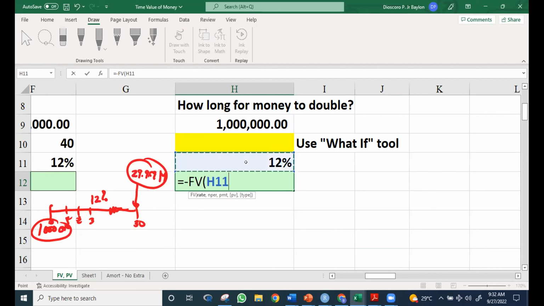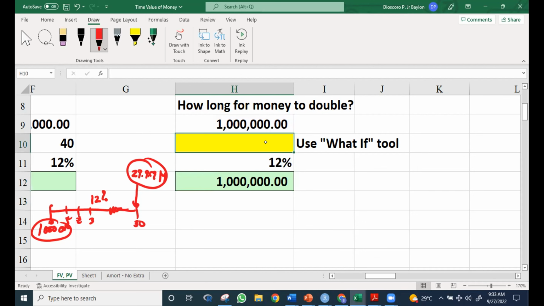Future value, rate at 12%, N per, let's leave it blank first. And then PMT, we don't know, not part of the question. And then PV is 1 million. So this was our usual FV function, right? And it gives us 1 million because our year here is 0. We didn't put any value here, so Excel read this as 0.